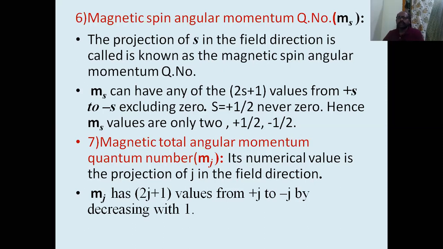The first 4 quantum numbers are called natural quantum numbers, and these remaining 3 come into the picture when the substance, or the atoms or molecules, are kept in a magnetic field.